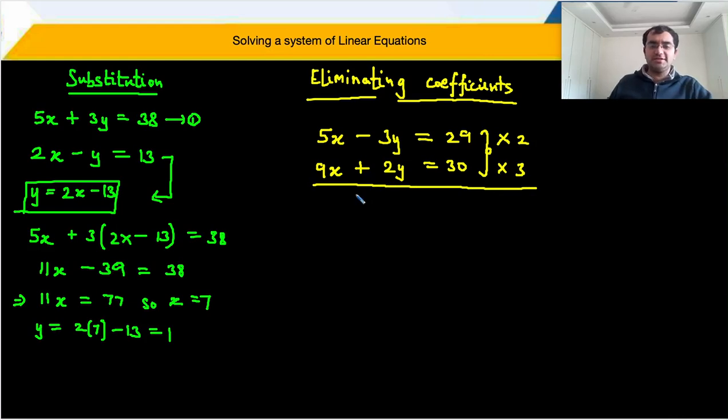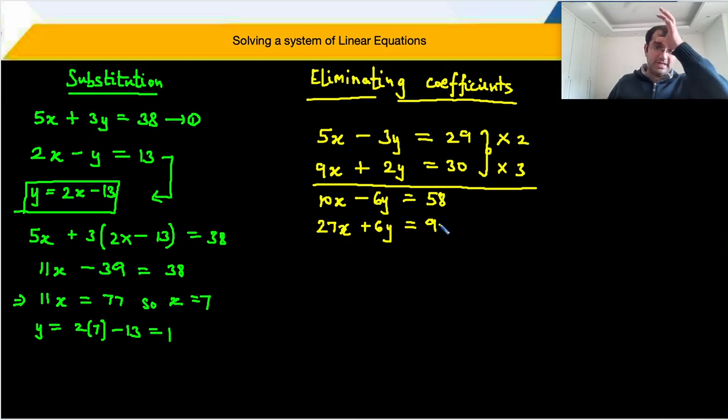Now let us rewrite these equations. You get 10x minus 6y is equal to 29 into 2, 58, and 27x, 9 into 3, plus 6y is equal to 90.